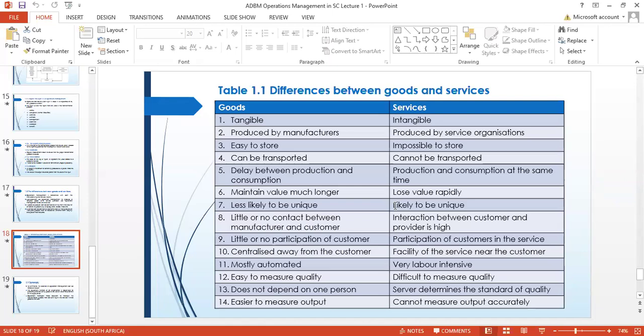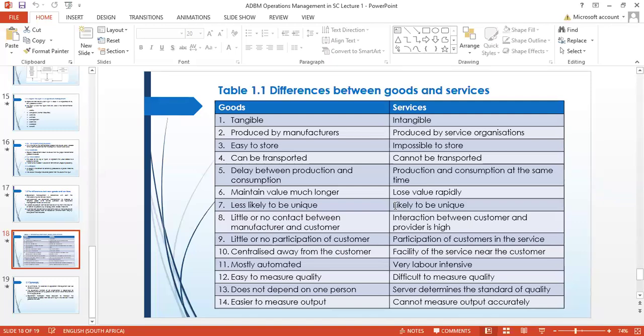But they are not consumed immediately. They will be distributed to customers who are going to buy them, and then after that, there will be consumption. But a service, production and consumption takes place at the same time. Right now, I'm producing a service to you, which is tutoring, and you are consuming it from the other side.